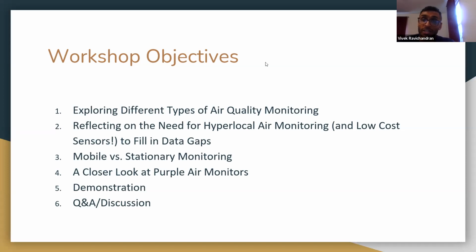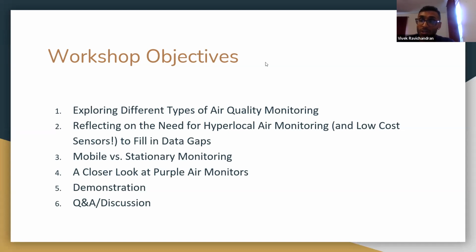We'll then differentiate mobile versus stationary monitoring and talk about the benefits of both of these techniques. Then we'll take a closer look at the purple air monitors. So the purple air monitors are specific monitors that we at SIEGE use and that we have hyperlocal networks throughout the Mid-Atlantic region and elsewhere across the United States.